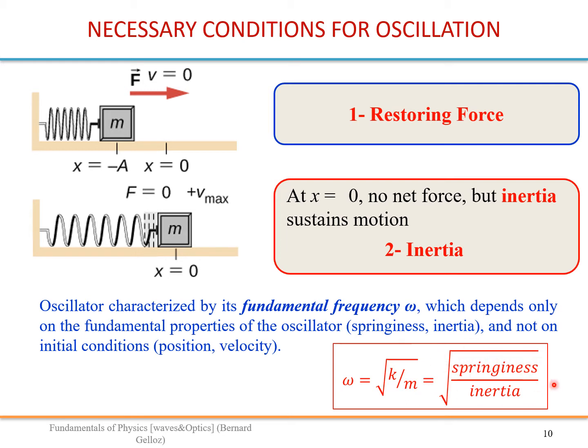Okay, so this will be a universal characteristic of omega. Omega will always be a square root of something representing the restoring force divided by something representing the inertia of the system. All right. So omega depends only on these fundamental properties and not on other things, for example, initial conditions like position, velocity.